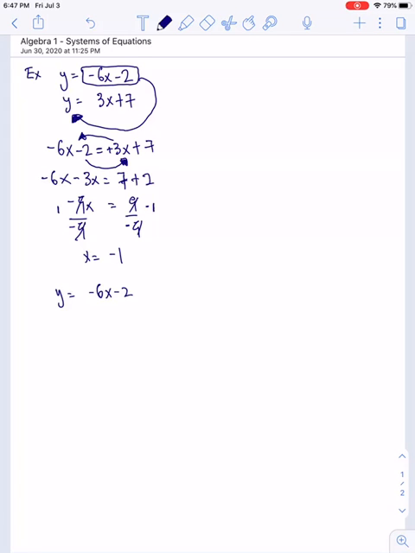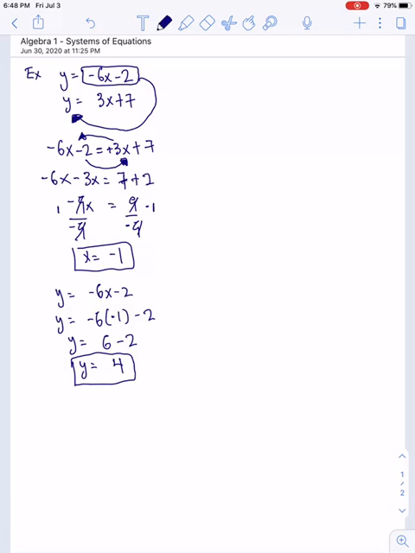So I'm going to rewrite the equation as y equals negative 6, parentheses, negative 1, minus 2. Negative 6 times negative 1 is a positive 6, and a positive 6 minus 2 is 4. So y is going to be 4. Our answers will be x equals negative 1 and y equals 4.